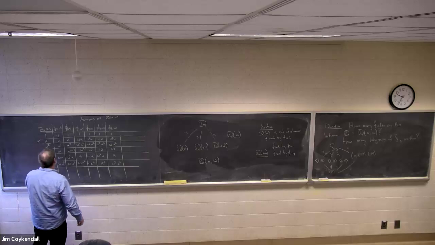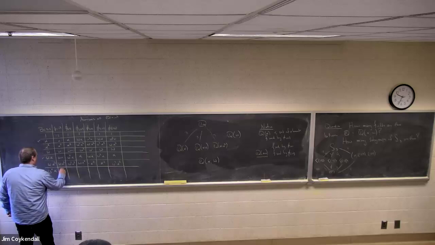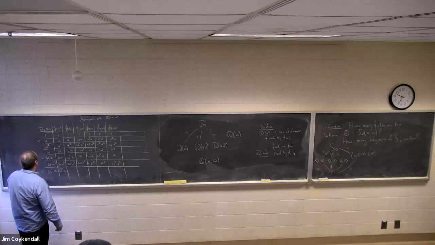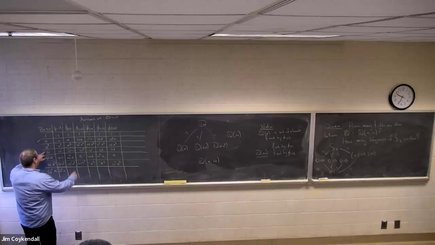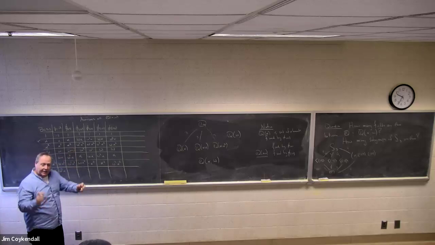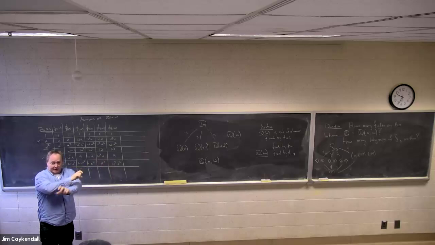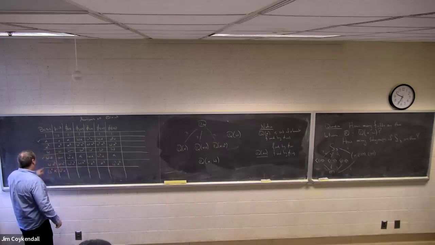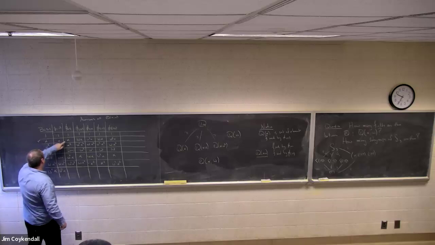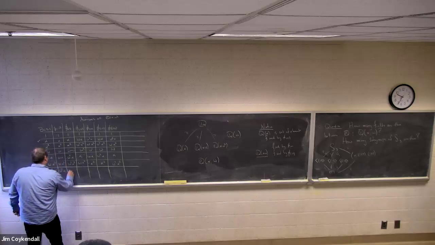The identity goes to omega squared alpha. Here, omega goes to omega squared, so omega squared goes to omega. So what happens with omega is either omega and omega squared are left alone or they're swapped. I agree with that? So I can get the information I need from here. What happens to alpha? It goes to alpha. What happens to omega? It's swapped. So this goes to omega alpha.